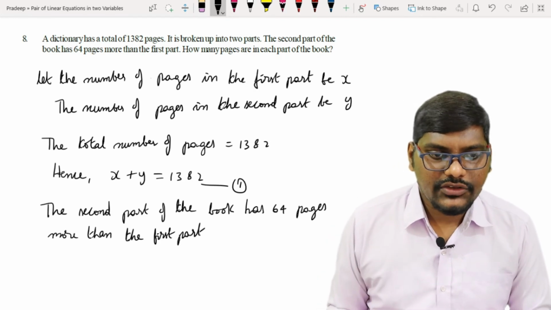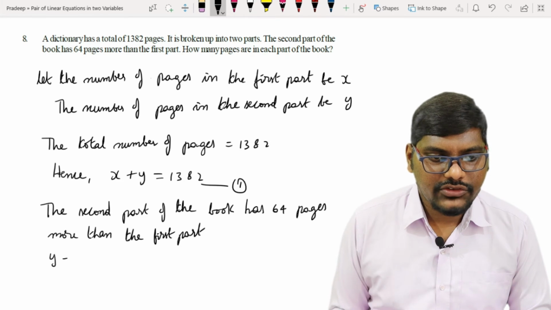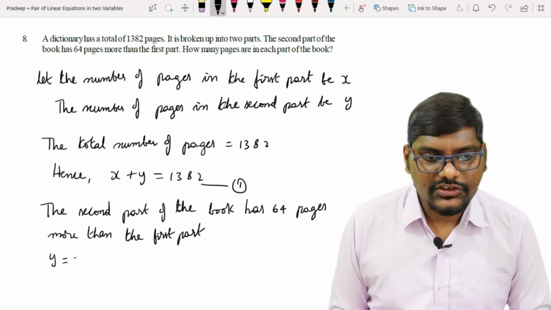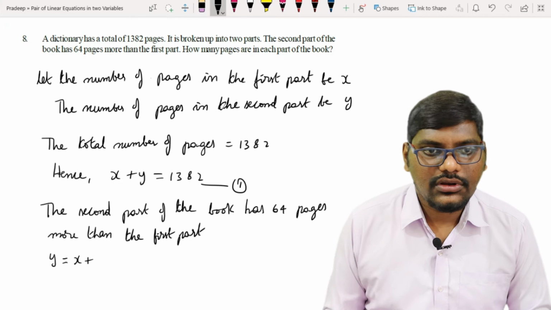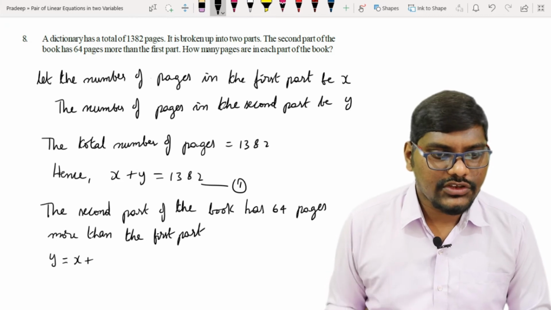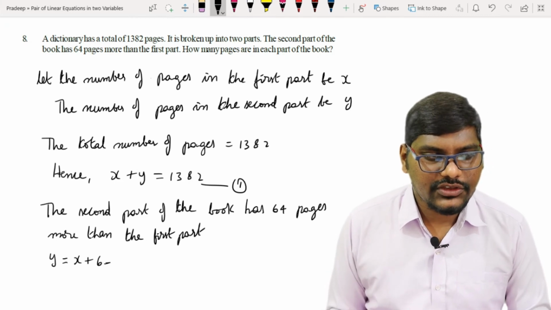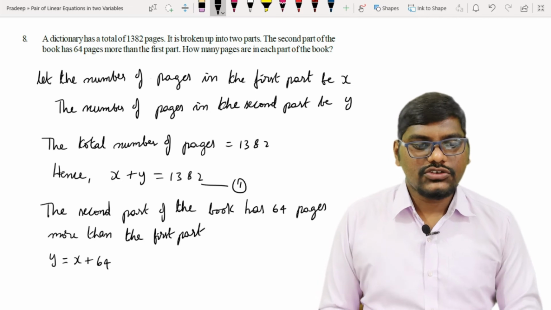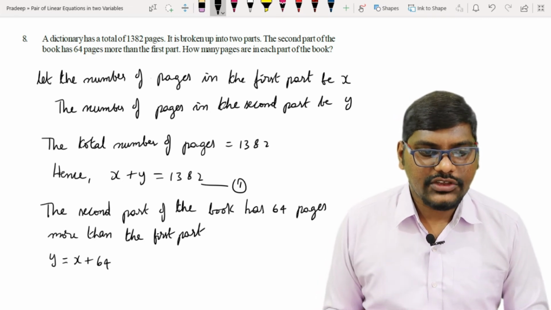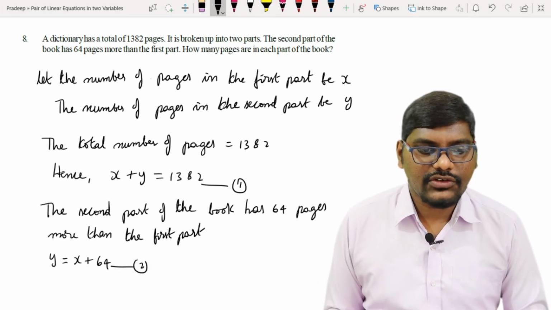So what is the first part that we took as x, and they are saying the second part is how much more? It was 64 pages more, so I can write x plus 64, that we are taking as y. So y equal to x plus 64 is the second equation which we got.